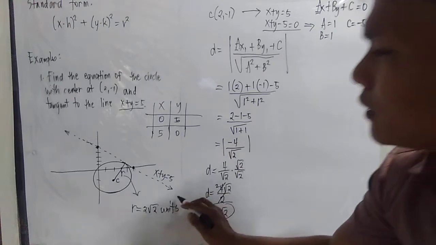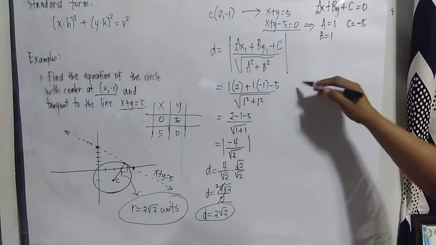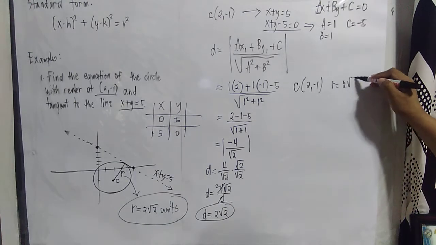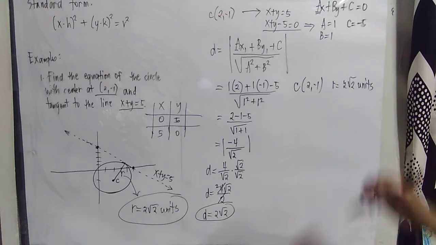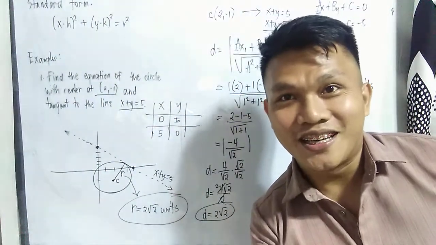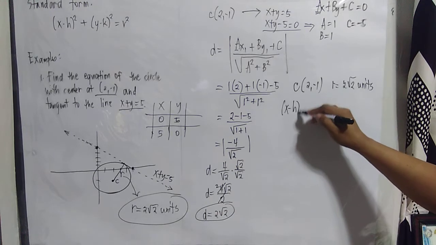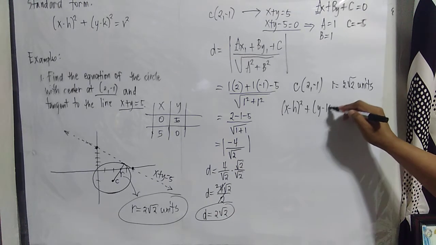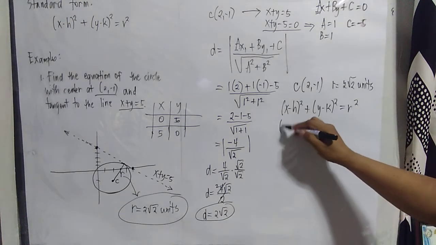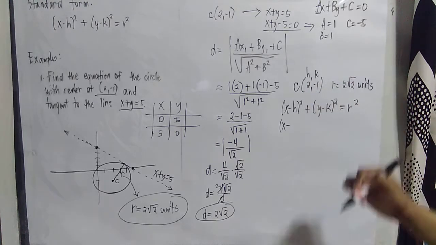Now, we have the radius and we have the center. So the center is at (2, negative 1), and the radius is 2 square root of 2 units. What we're going to do is find the equation of the circle given these properties. So we have (x minus h) squared plus (y minus k) squared equals r squared. This one is our h and this one is our k.